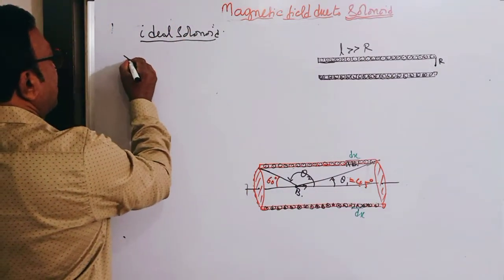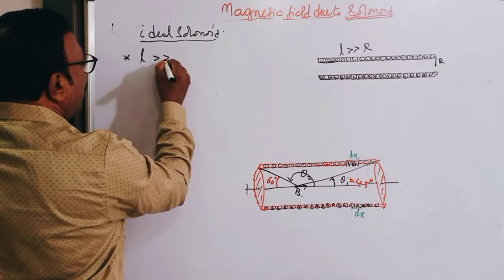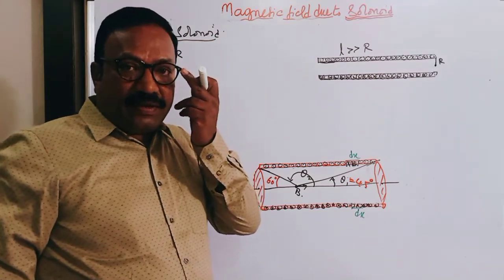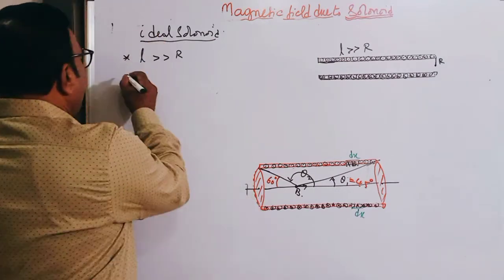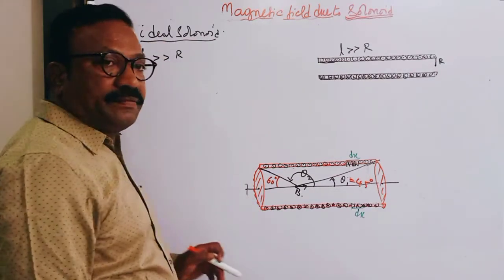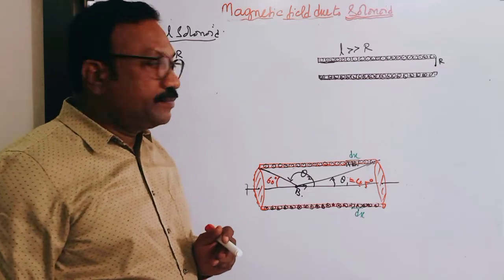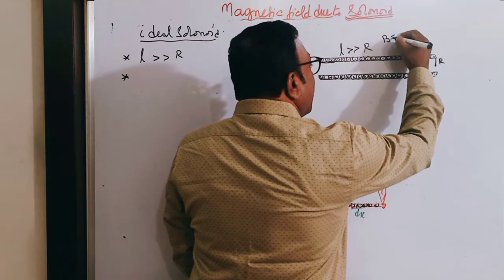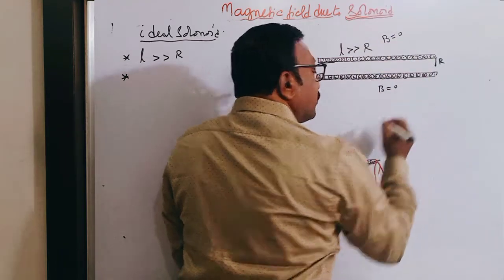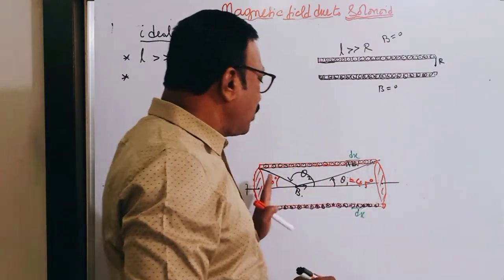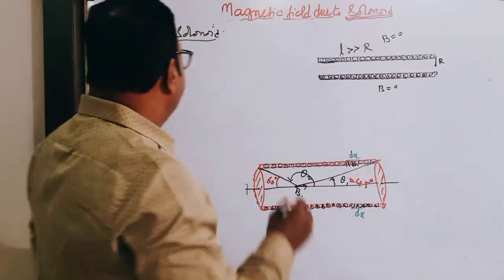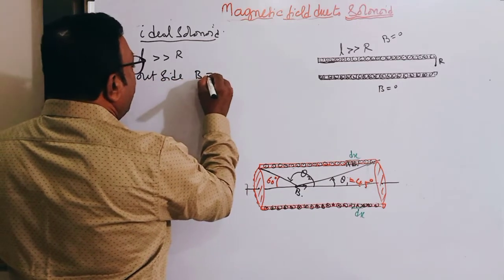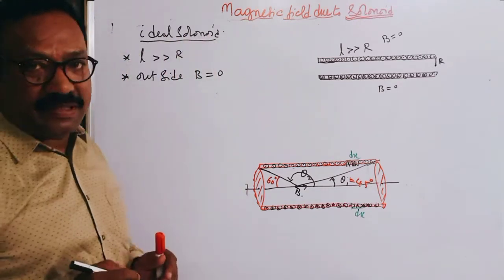So the first condition is that the length must be very large compared to the radius of the solenoid. Next, the second condition: outside the solenoid, the magnetic field is taken as 0. The magnetic field is present only inside the solenoid; outside it is 0.